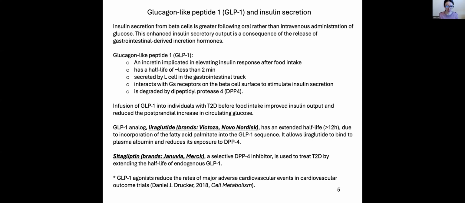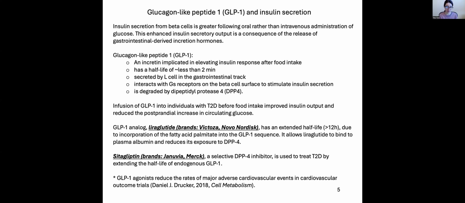Because if we administer glucose orally, there is a response from the gastrointestinal tract, specifically to release gastrointestinal derived incretin hormones. So, for example, this GLP-1 is one of those incretin hormones. So it is implicated in augmenting insulin response after food intake.